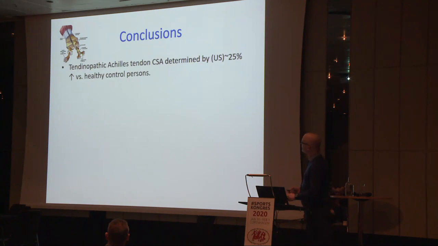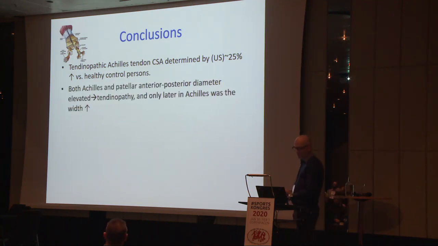So in conclusion, there seems to be a tendinopathic Achilles tendon cross-sectional area determined by a higher cross-section, around 25% compared to healthy controls.